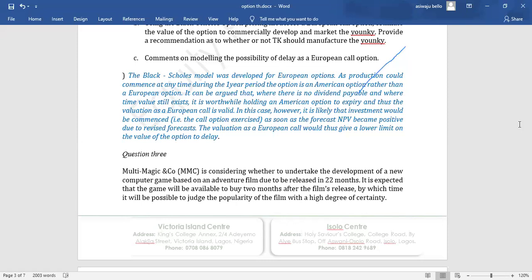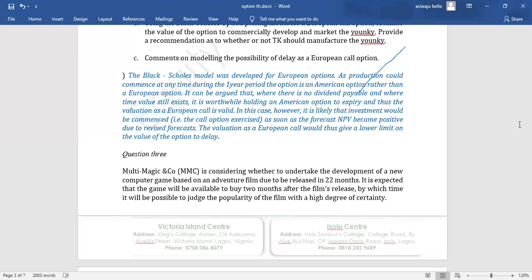But if you are talking of European option contracts, these are option contracts that can only be exercised at expiration, that is at the end of 1 year.